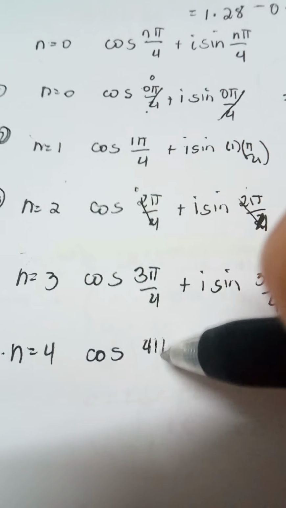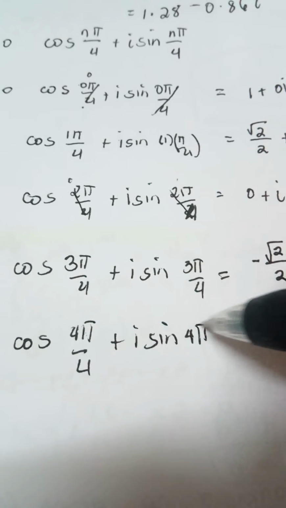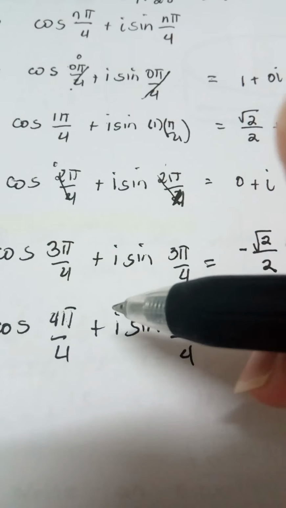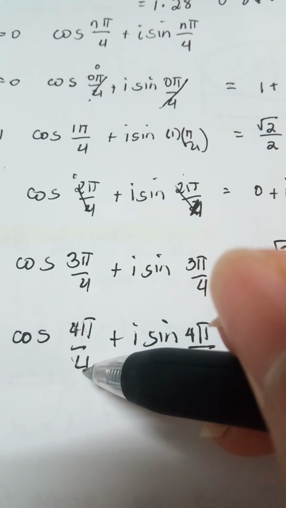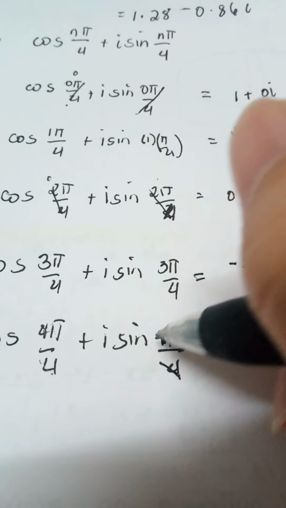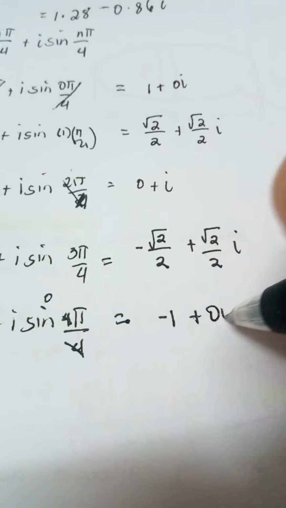Next, when n is equal to 4, cosine 4 pi over 4 plus i sine 4 pi over 4. Pi is 180. Cosine 180 is negative 1, and sine 180 is 0. So negative 1 plus 0i.